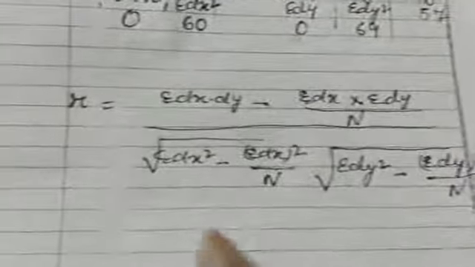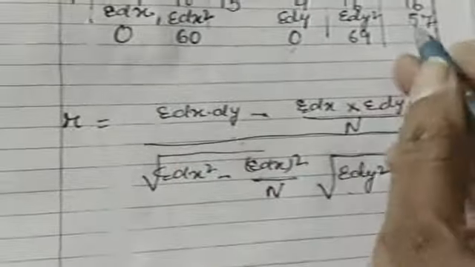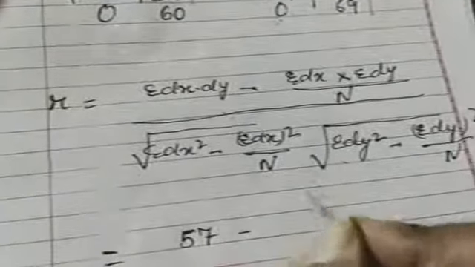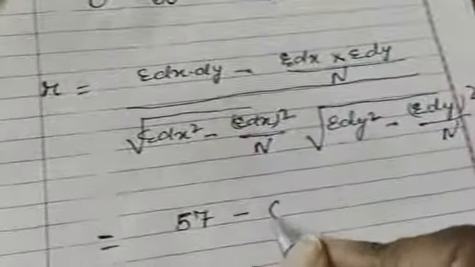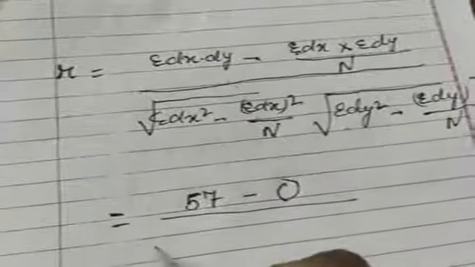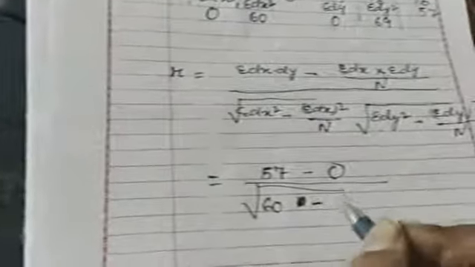This is our formula. We'll plug in the values. Summation dx into dy we got 57, so we'll write 57 minus summation dx is 0, the whole will become 0, divided by under root. Summation dx square we got 60 minus summation dx whole square, which is 0.